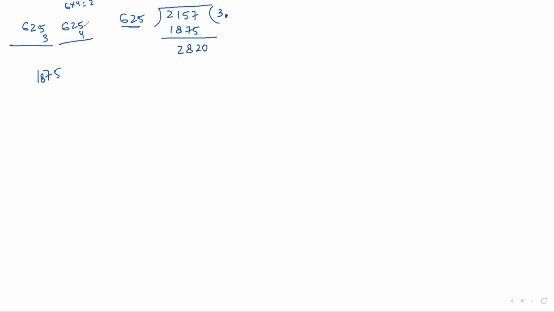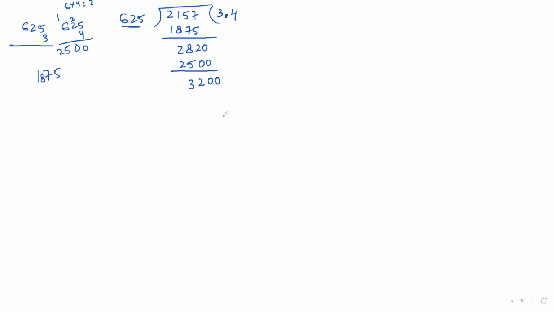Please multiply now. 4 into 5 is 20. 4 into 2 is 8, and then 2 tens, 2500. So 4 times 625 is 2500. So 0, 2 minus 0 is 2, and 8 minus 5 is 3, right? So now put one more 0.